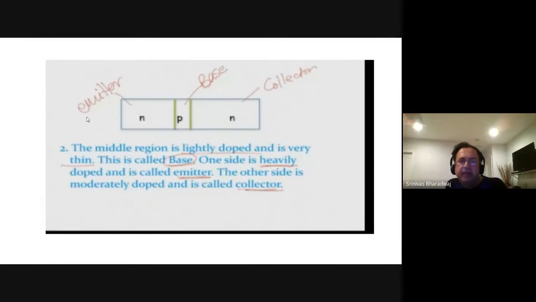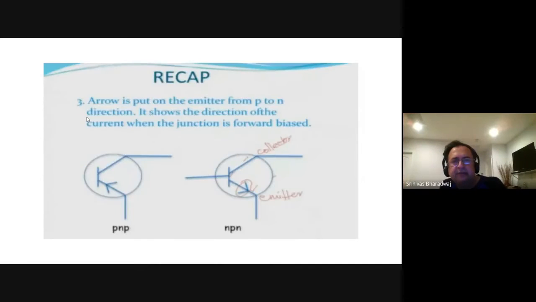This is called the base. The other sides are heavily doped. The heavily doped side is the emitter. The slightly less heavily doped side is the collector. And therefore, we had the combinations associated with that. So NPN is the combination.